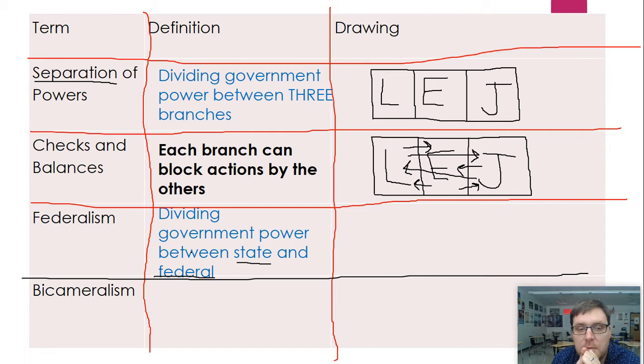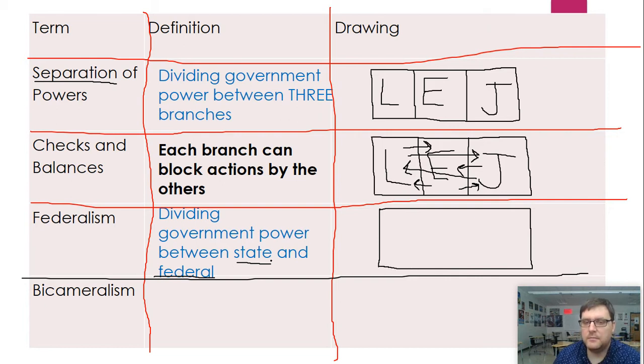This is not separation of powers like this, but we are going to draw another box. How would we draw this, though? If it's not like this, then what would it look like? We're dividing power up again.